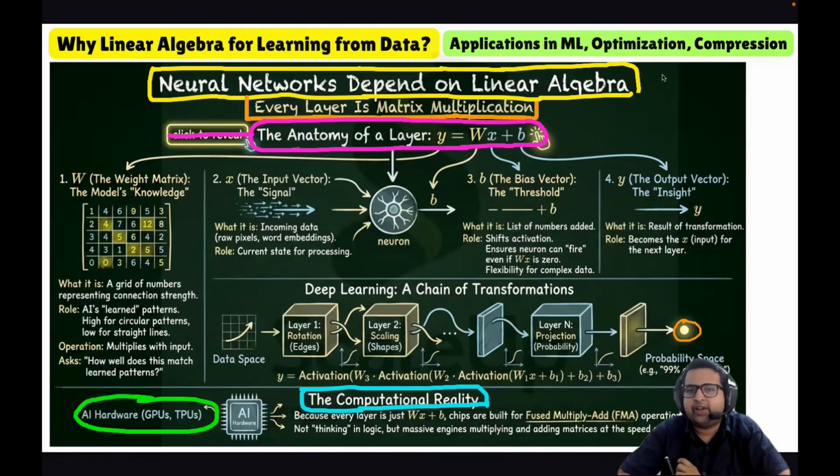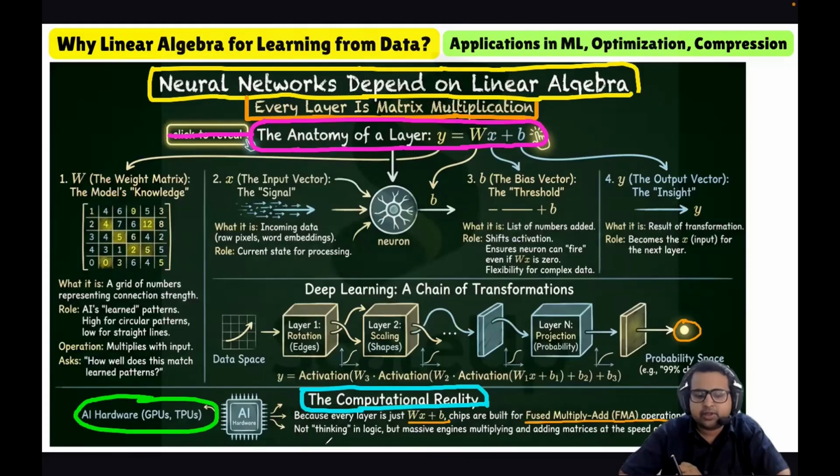The AI chips are built to perform fused multiply-add operations. We call them FMA operations because in every layer, we just have to compute this operation: a matrix multiplication along with an addition.